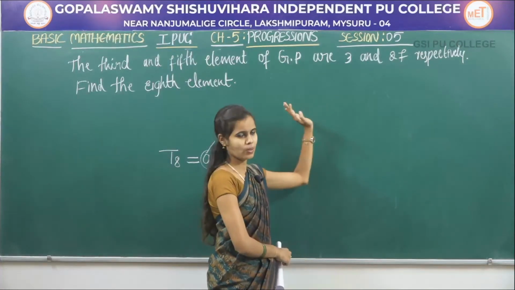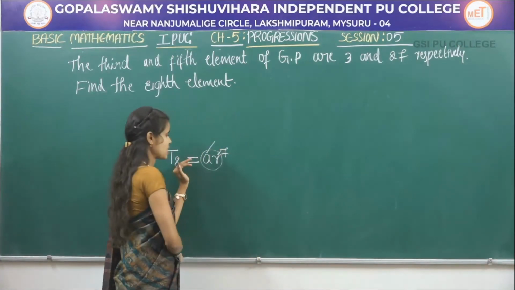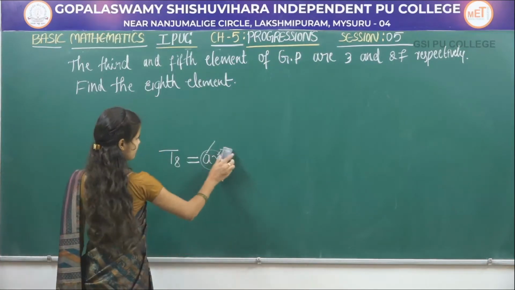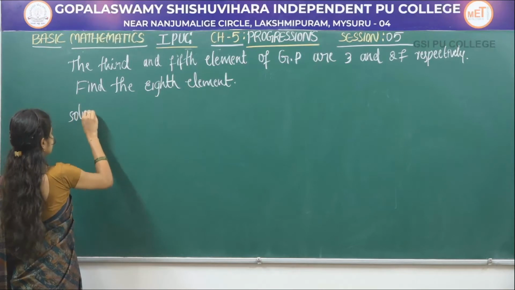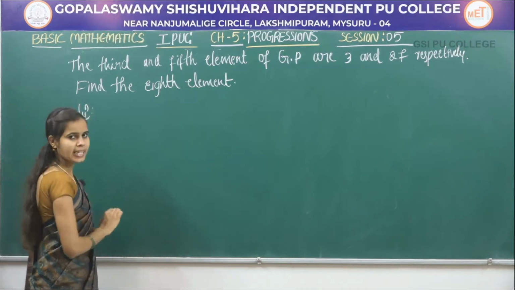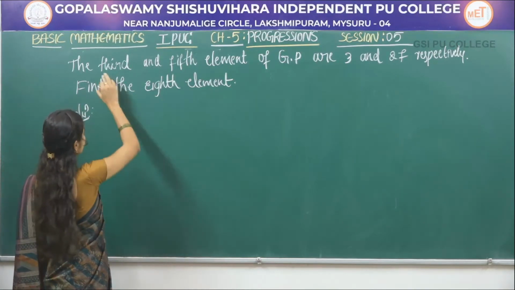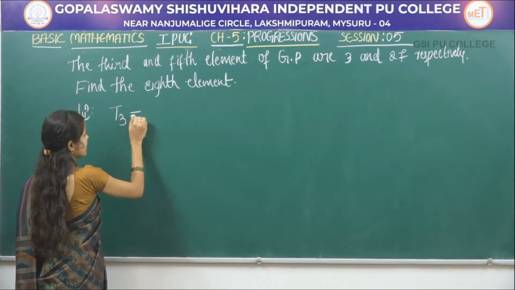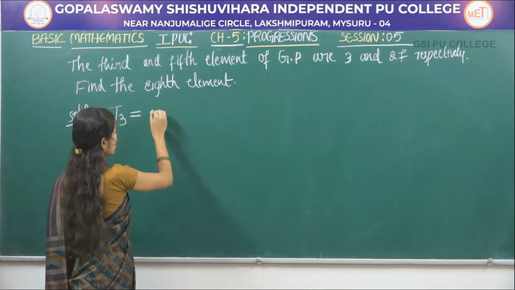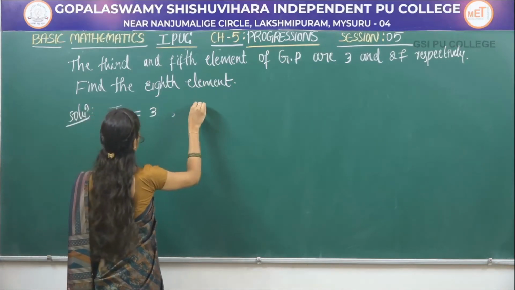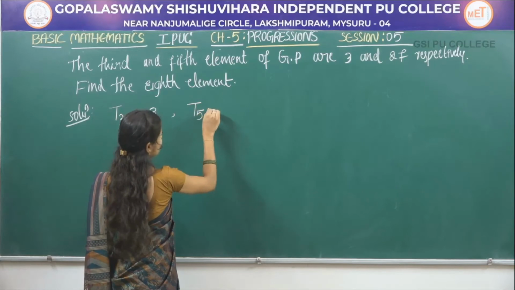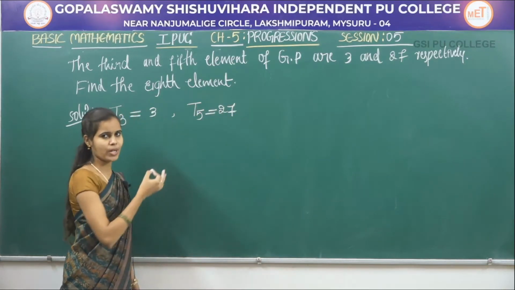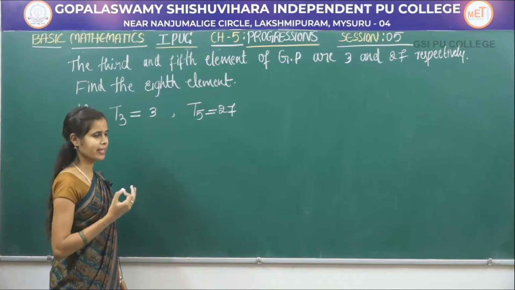So first write the given data. Given that the third element, denoted by T3, is equal to 3, and the fifth element T5 is equal to 27. Using these two conditions, we want to find the values of A and R.